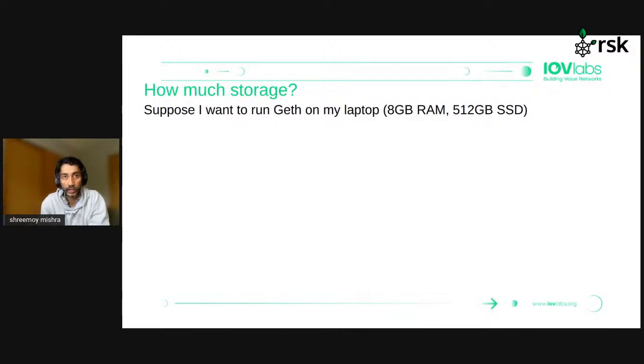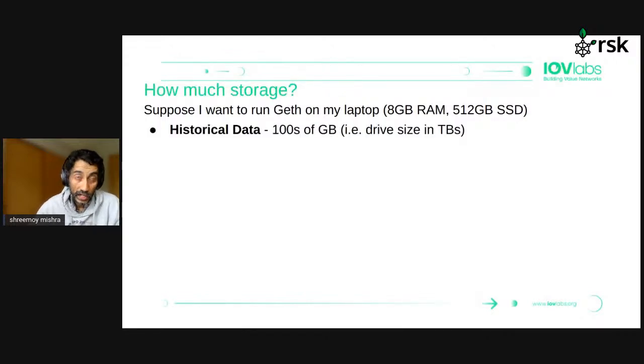So let's say you want to run a Geth node. Geth is the leading implementation for Ethereum. It's based on Go. And let's say I want to run that reference implementation on my own machine, and my machine has about 8 GB of RAM and a hard disk. It's SSD, not the fastest, but it's SSD, about 512.